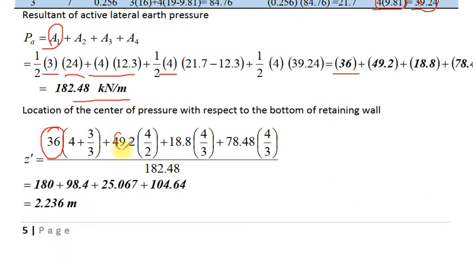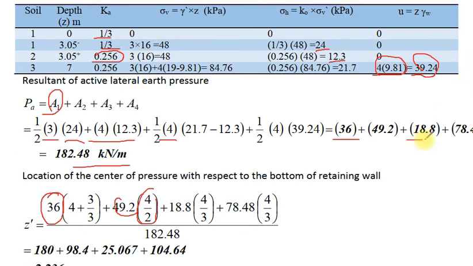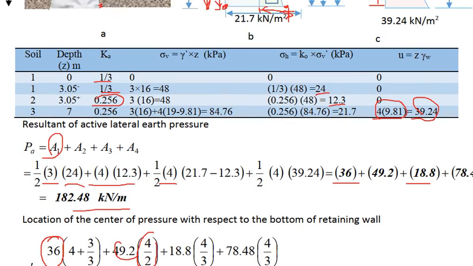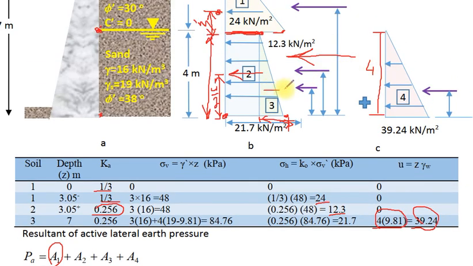So here 49.2 multiplied by 4/2, and then the third force, 18.8, times the distance, which is 4/3.